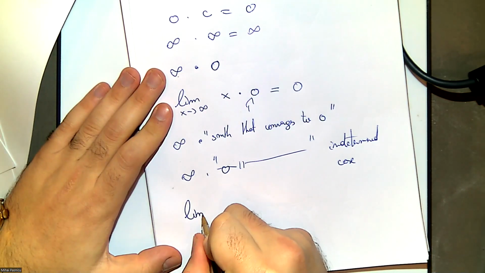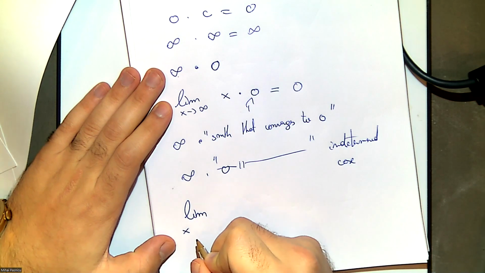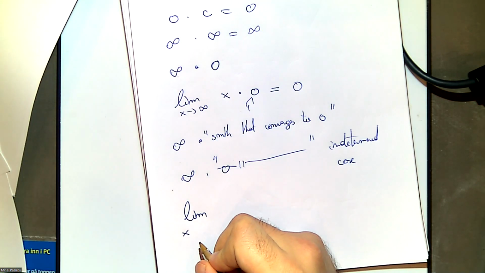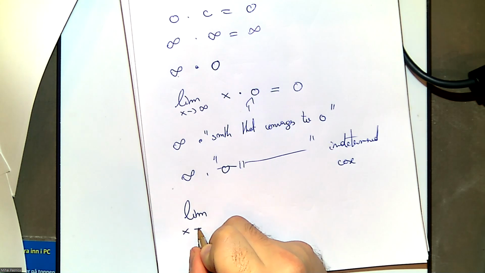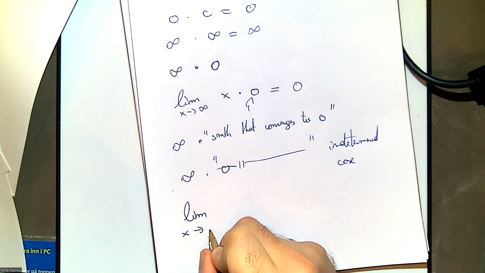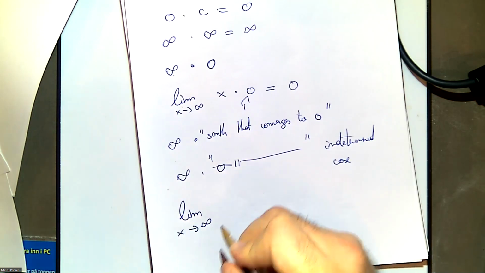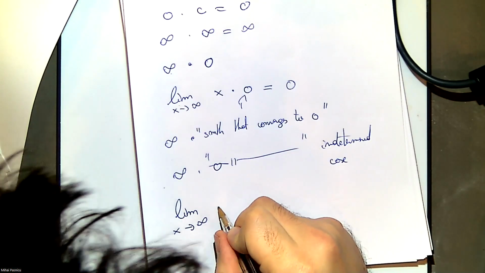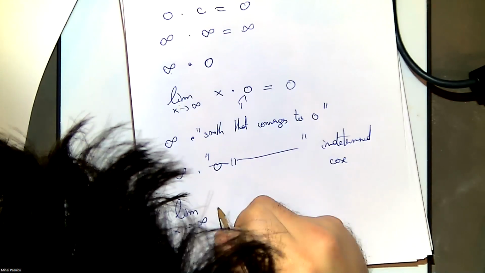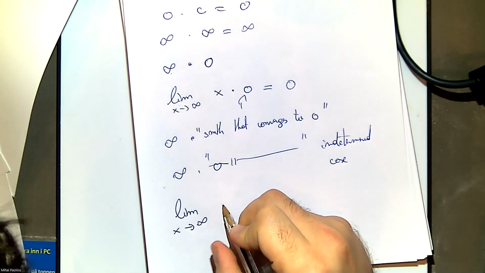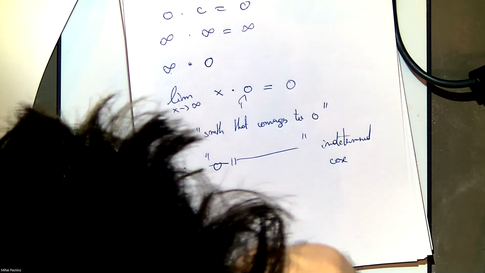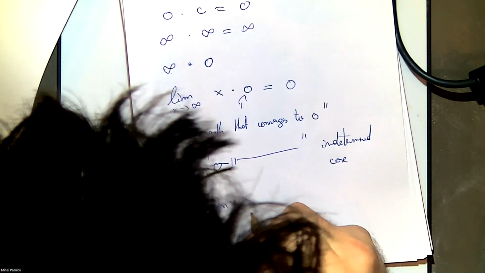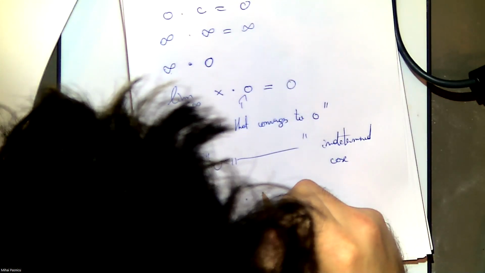Let's just say the limit when x goes to infinity of ln of x times e to 1 minus x, something like that.